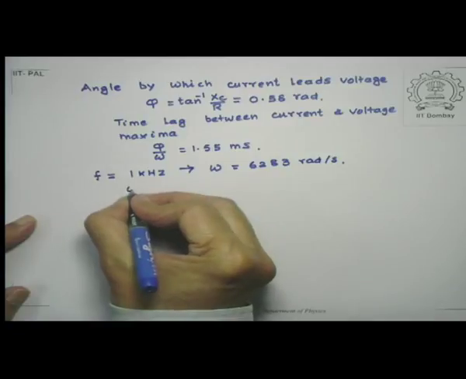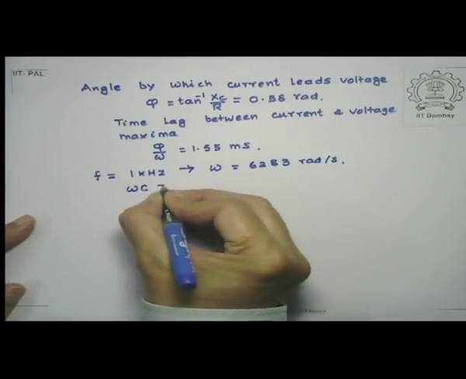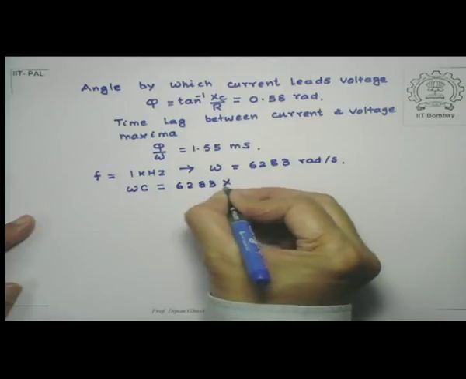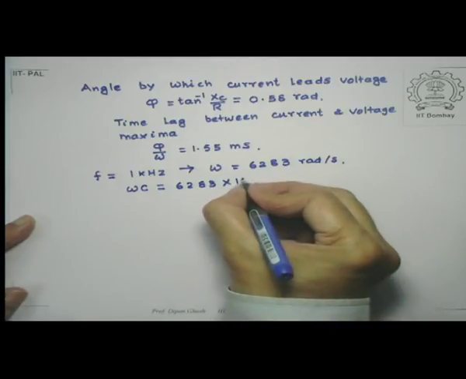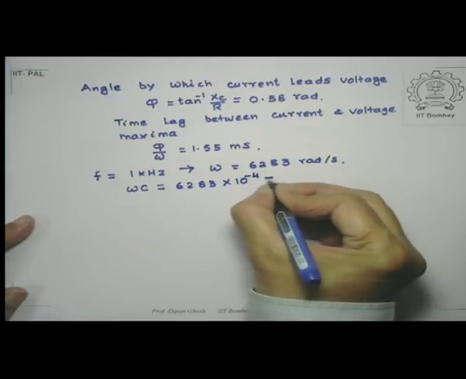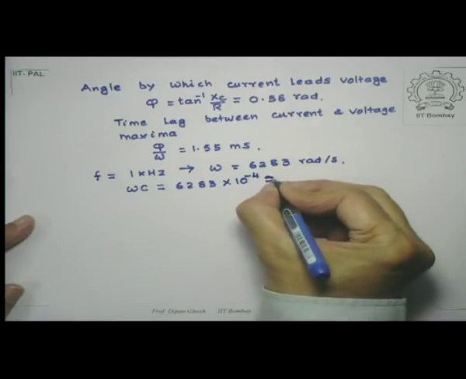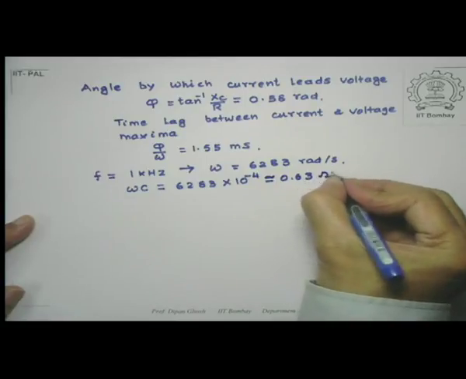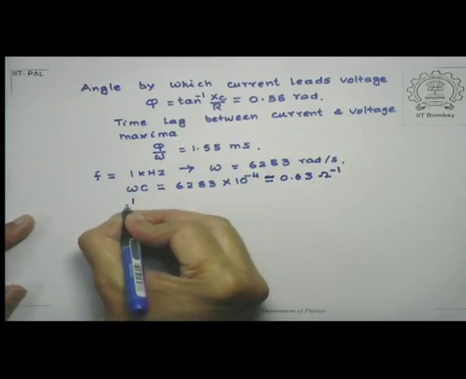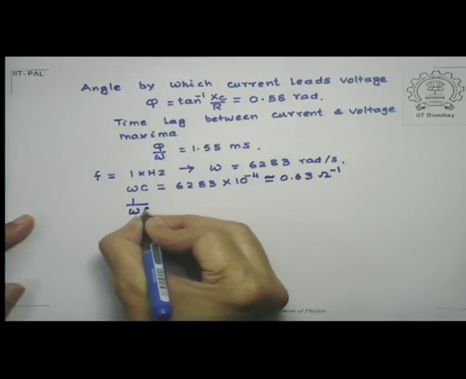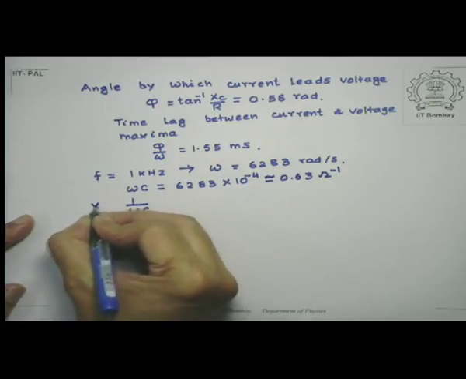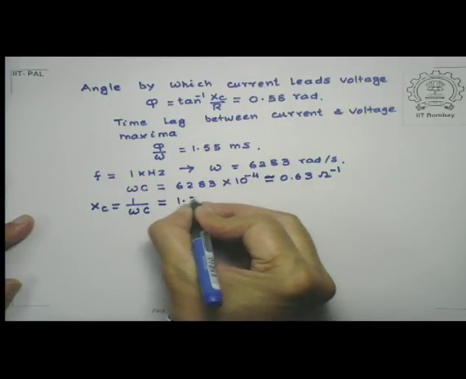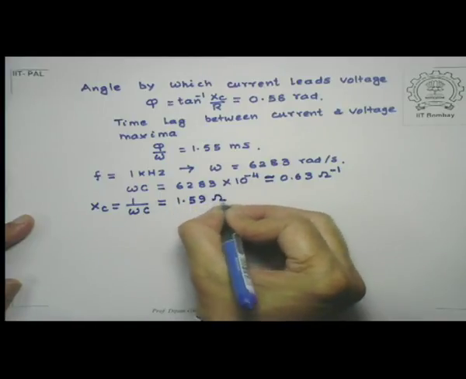and omega times c is 6283 multiplied by 100 microfarad, that is 10 to the power minus 4 farads, and that's equal to approximately 0.63 omega inverse, and correspondingly 1 over omega c, which is equal to your xc, works out to just 1.59 ohms.